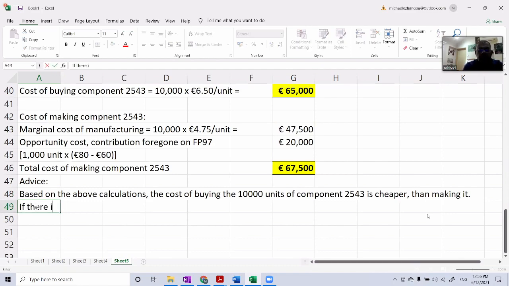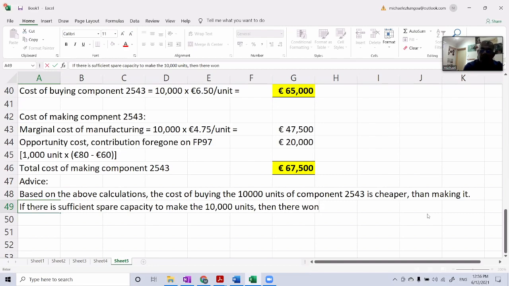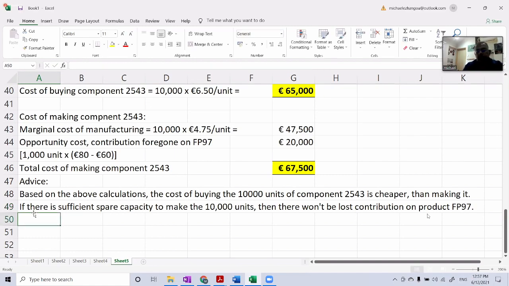If there is sufficient spare capacity to make the 10,000 units, then there won't be lost contribution on product FP97. Then making will be a cheaper option.